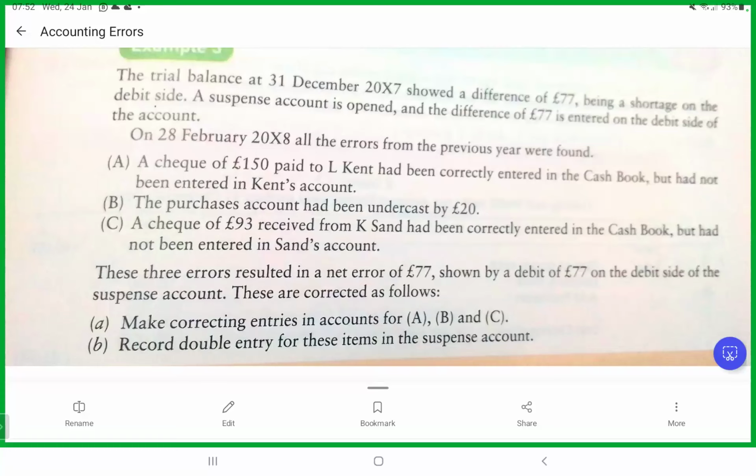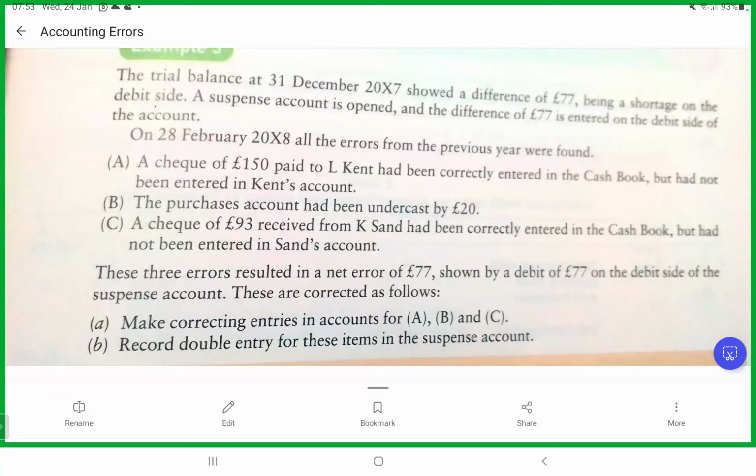So the business credited the cash book, but the receiving side, that is the person who was receiving, the receiving account, which is the personal account in this question, never received any entry. Like they never recorded anything. So you have to correct this error as well.